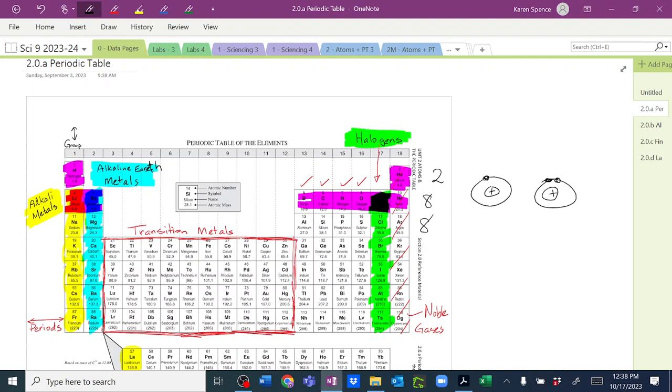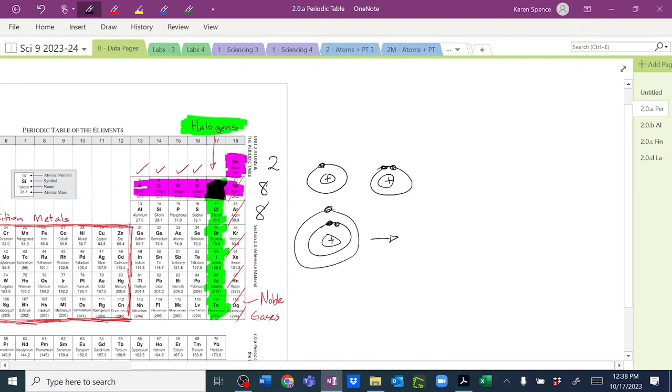So everything in the second row is going to have 2 occupied shells. Yes, so we'll go all the way from 1 electron to how many in the second shell? 8. So we'll go all the way from 1 all the way up to 8 electrons in that second shell.